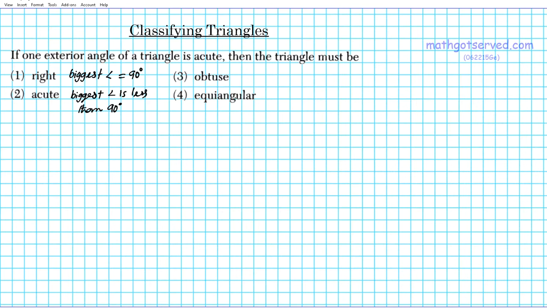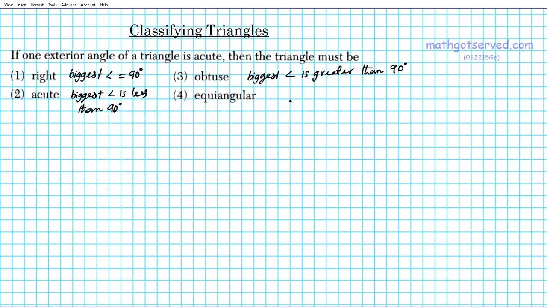This is kind of relative to 90 degrees. And then obtuse is when the biggest angle is, guess what? Greater than 90 degrees.